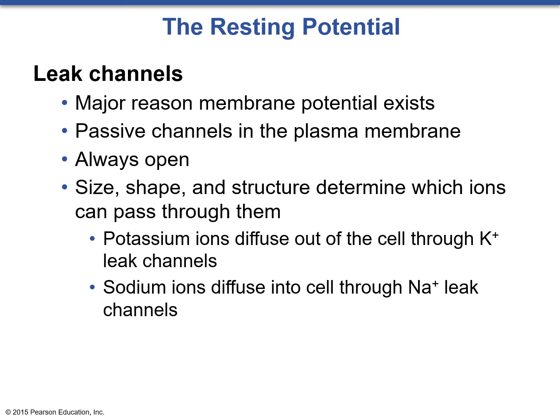It turns out that the resting membrane potential is primarily due to the movement of potassium. Now remember that cells have leak channels for both sodium and potassium, but the membrane is about 100 times more permeable, or leakier, to potassium. Therefore, a greater amount of potassium is going to leave the cell than sodium entering the cell.